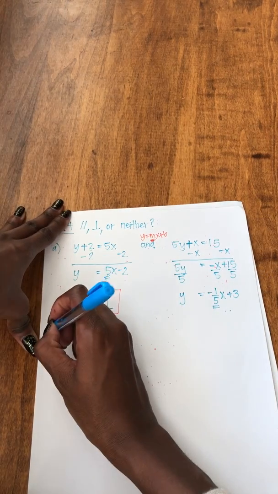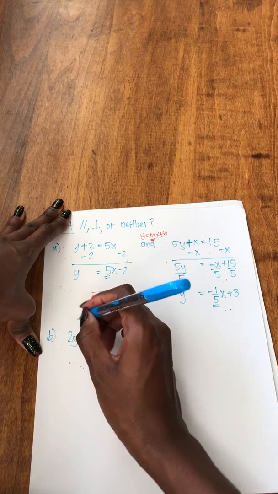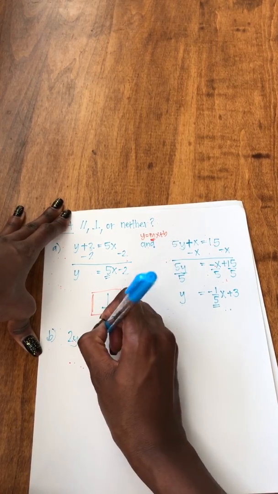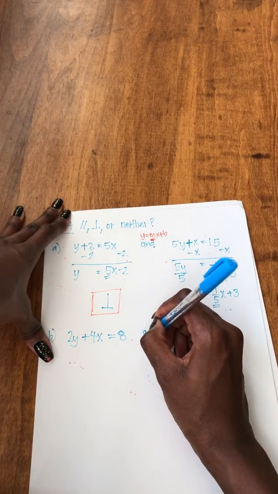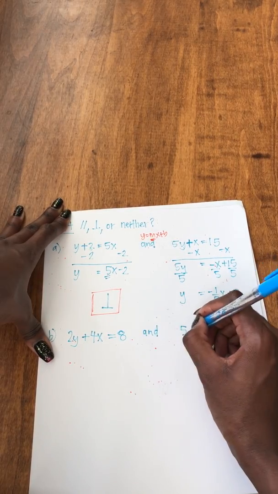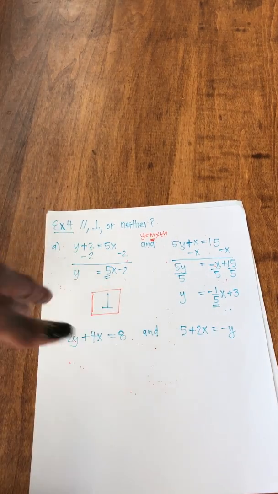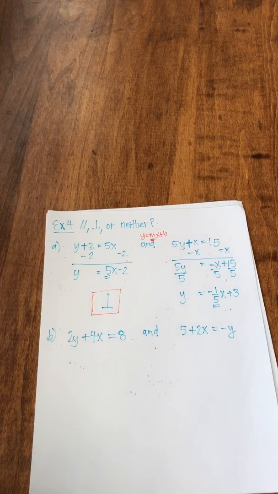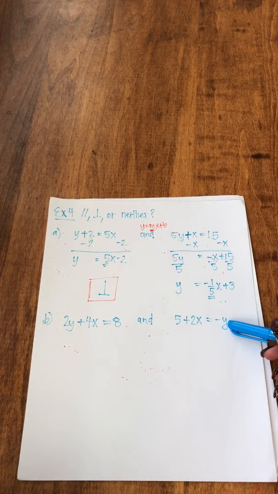Let's look at B. So we have 2y plus 4x is equal to 8, and 5 plus 2x is equal to negative y, okay? So I'm going to let this be one of the questions that you guys turn in to me.